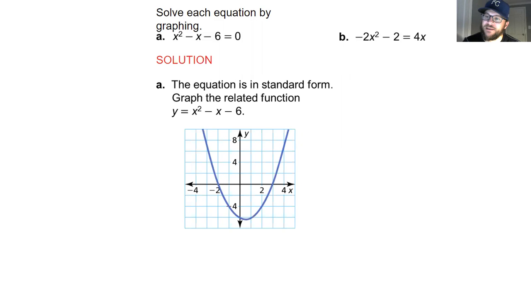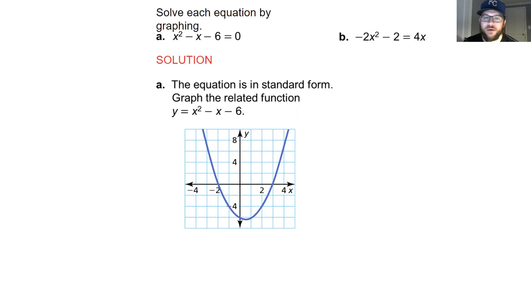It is a positive a, which means it's going to point up. You could graph this by hand, use your negative b over 2a to find your axis of symmetry, and then plug it back in to get your vertex. I believe this axis is 1/2 or 0.5, and then your vertex is something like negative 5.25 or something similar.